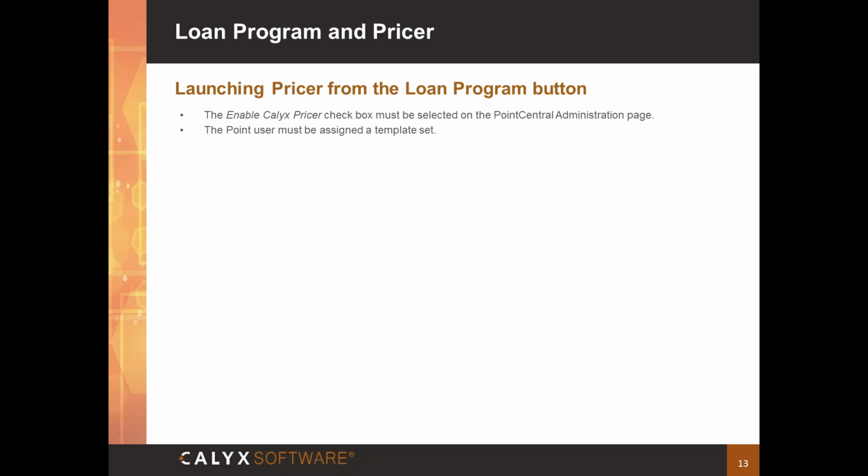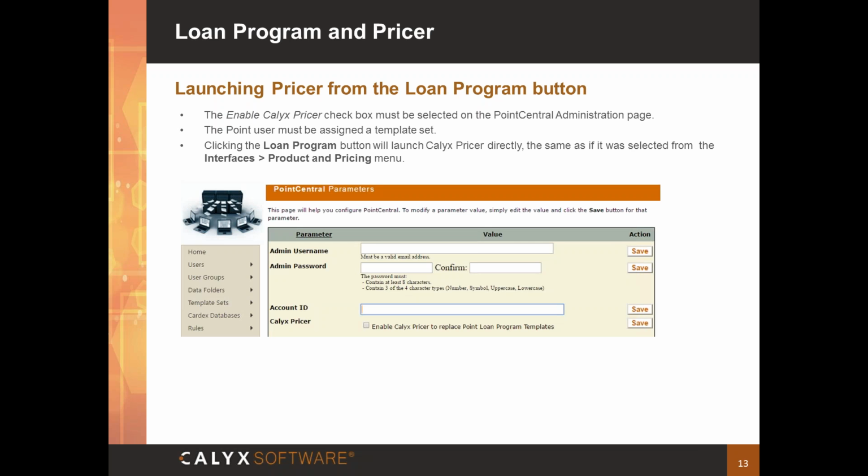The point user must be assigned to a template set, which most are, but if not, for them to utilize the Calyx pricer button, they will have to be assigned to a template set. Clicking the Loan Program button will launch Calyx Pricer directly. The same as if you had gone to the Interfaces, Product Pricing, Calyx Pricer, Launch Pricer.